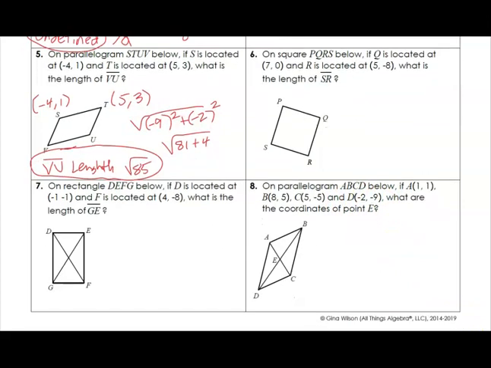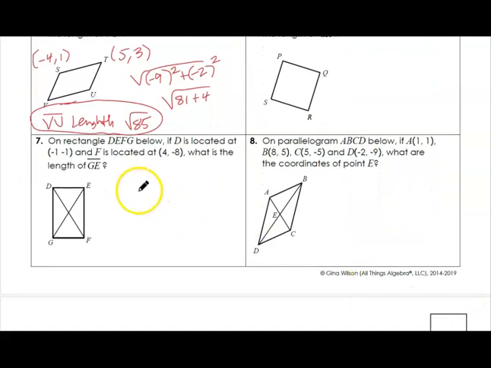And we got one more. On this rectangle below, D is located at -1, -1. F is located at 4, -8. What is the length of GE? Well, since we're told that it is a rectangle, that means these diagonals are congruent. So if we find the length of DF, that will also be GE.